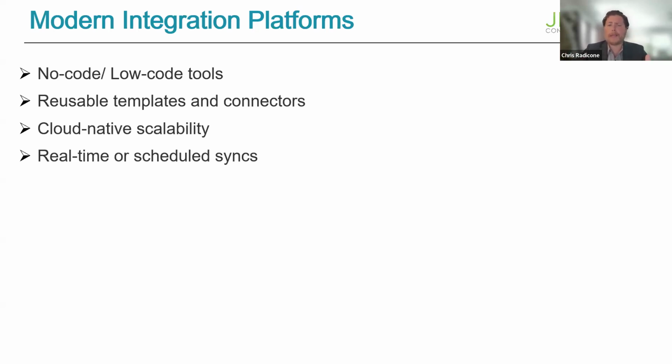As Sage is making updates to Intacct, we are making updates to ensure that the connections we have built are in compliance with Sage's current architecture. And when it comes to using DataBlend or really any integration platform, it's on the organization how they want to bring that data in. Is it real time, where when you populate in one system, it's populating in the other? Do you need that to be scheduled at a certain time?